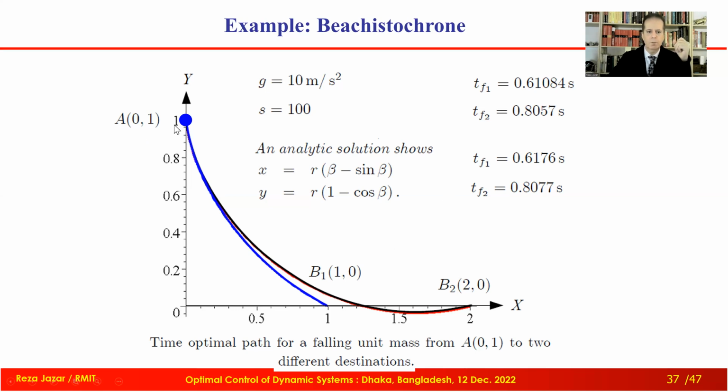First, start from y equal to 1, x equal to 0, goes to x equal to 1, y equal to 0. It's not to scale, okay? That's one solution. And the other solution is starting from 0, 1, goes to 2, 0. So two different examples. And the solutions are here.